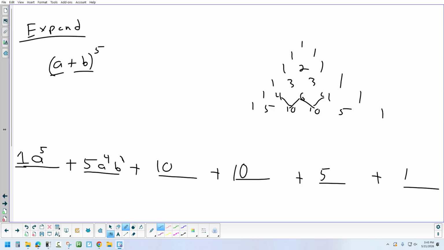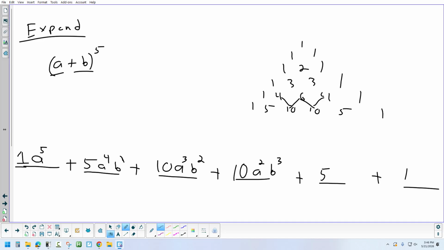Okay, next one, 10, and what are going to be my letters? A to the 3rd, B to the 2nd. Okay, and the next one, 10 again, but my letters this time are going to be A squared and B cubed.